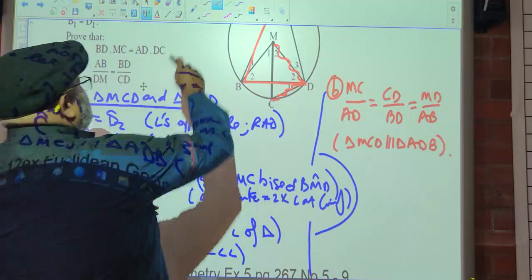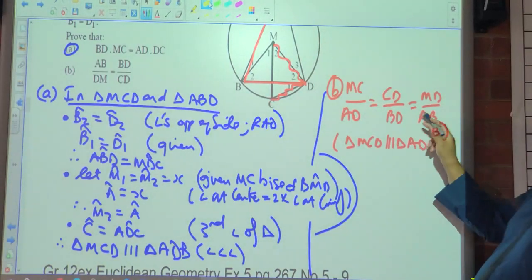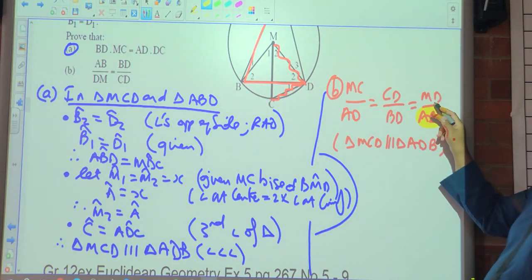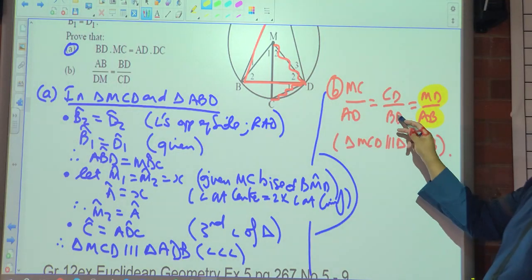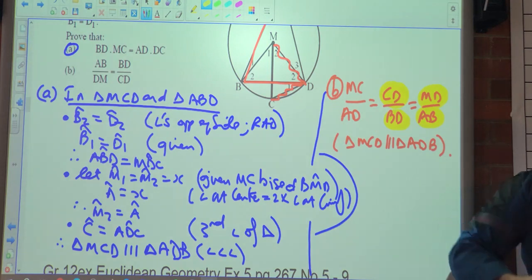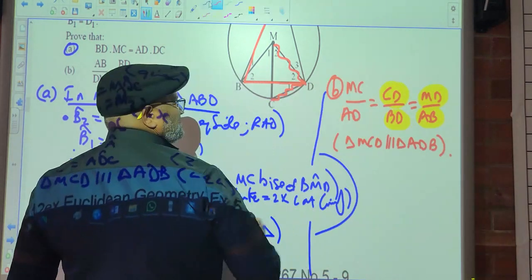Right, let's see what do they want. They want AB, MD, BD, CD. But what did they notice? What do you notice? It's flipped. Not so? You flip the script both ways.